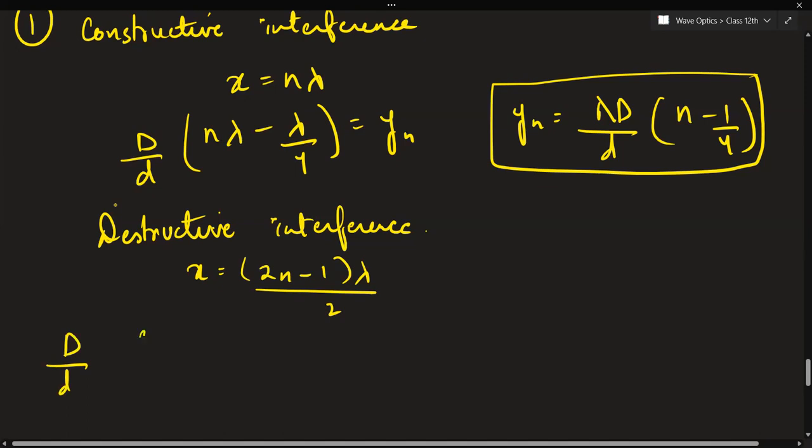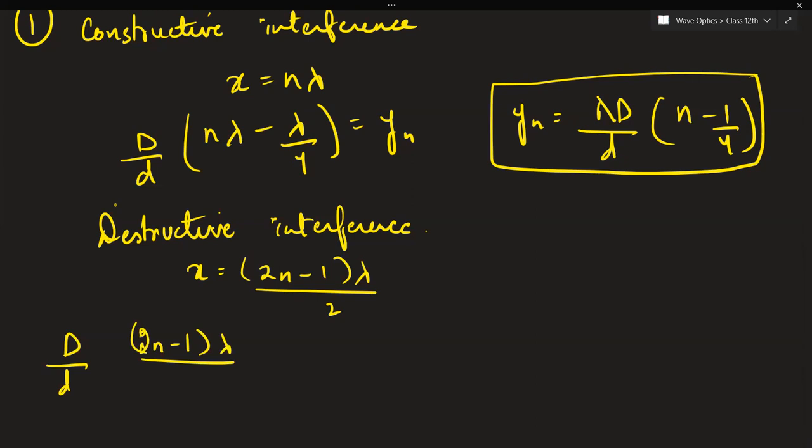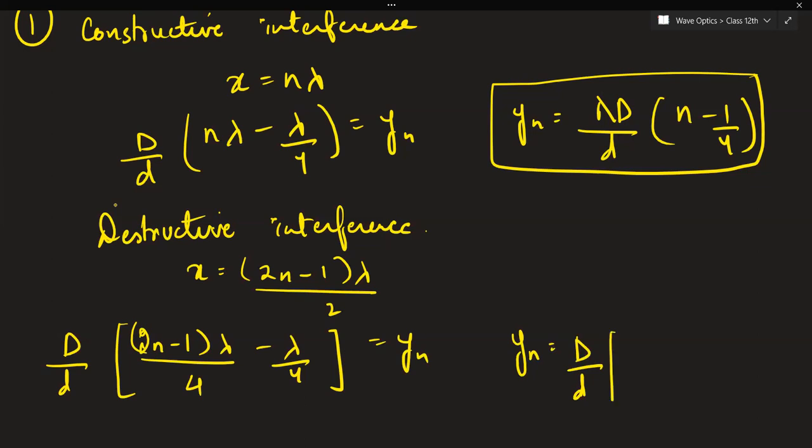Two was already there in the formula, so that becomes 2n minus 1 lambda by 4 minus lambda by 4, equal to yn with capital D by small d. So yn will be capital D by small d times 2n lambda by 4 minus lambda by 4 minus lambda by 4.